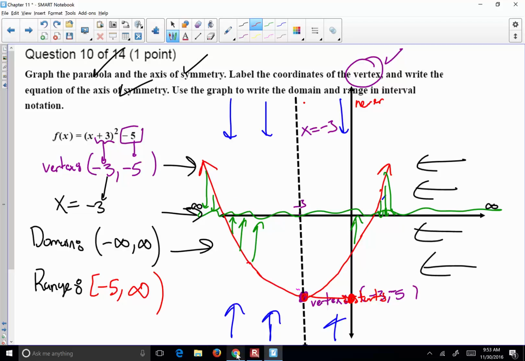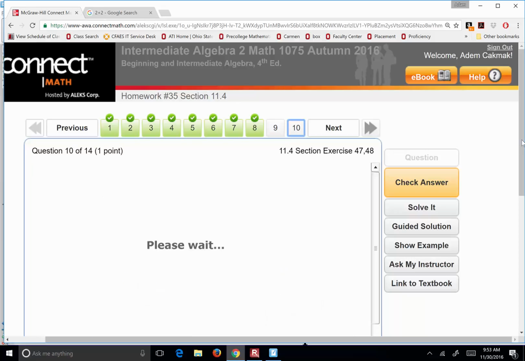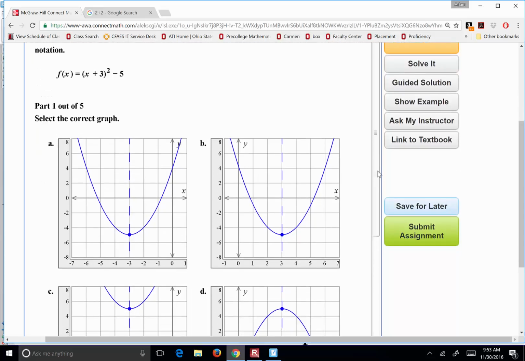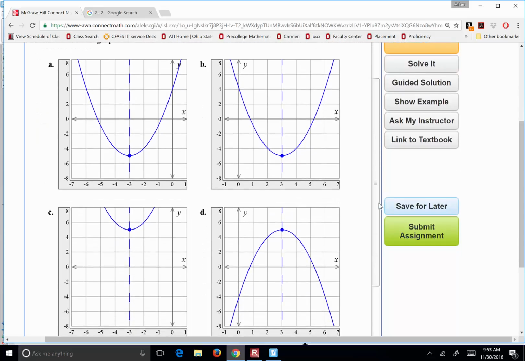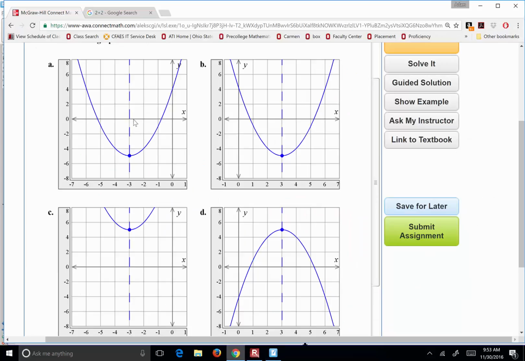Alright, we need to carry all this information to our question. First, pick the right picture, the right option. Which one? It's moved left of x and down 5. Is this the one? This is moved right and down.